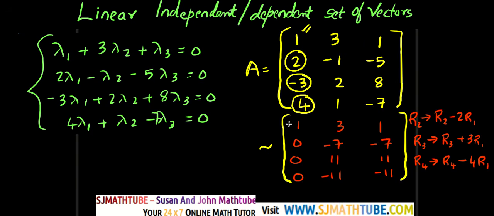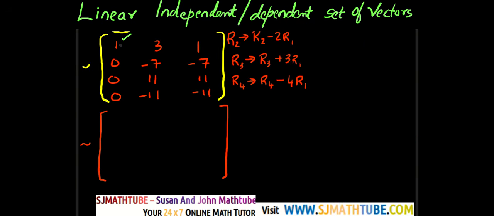Okay, that's good. So the first element is 1, and we just converted all the elements beneath that 1 to 0. Now my job is to move to the second row, to the first non-zero element, and make it 1. And the operation goes like this.